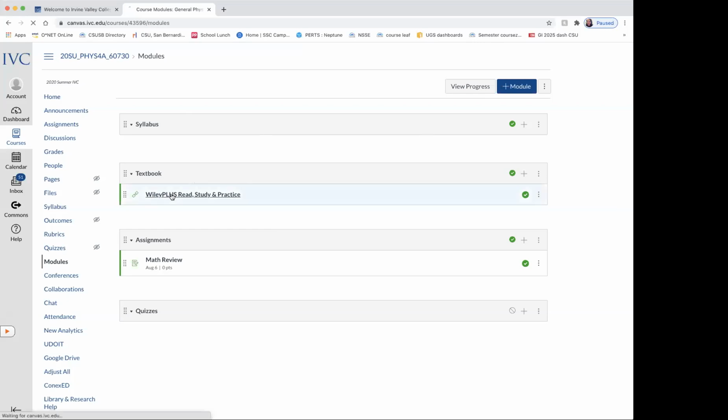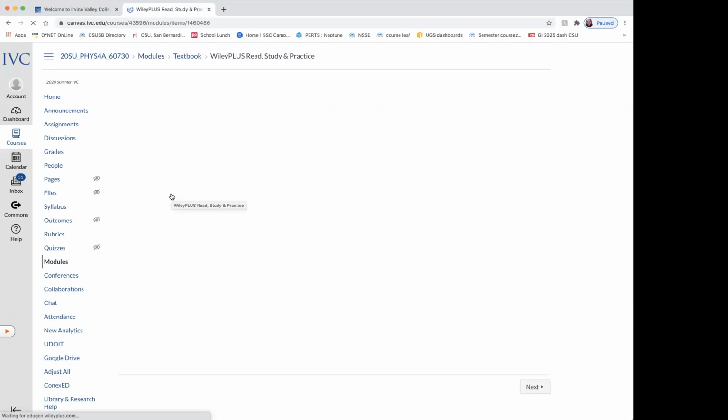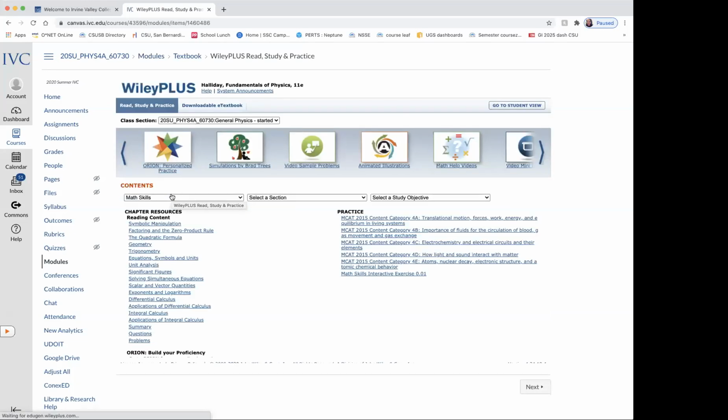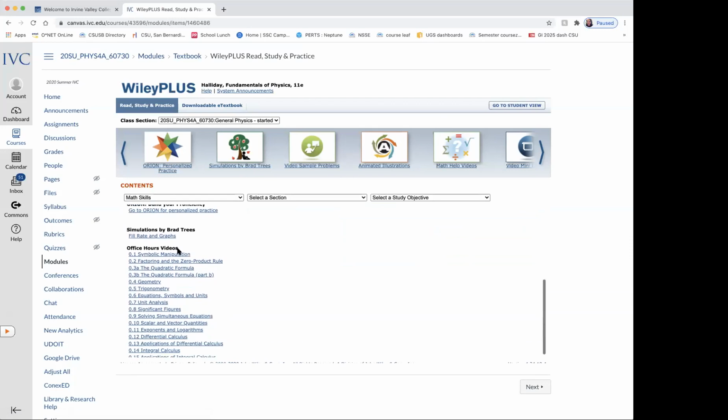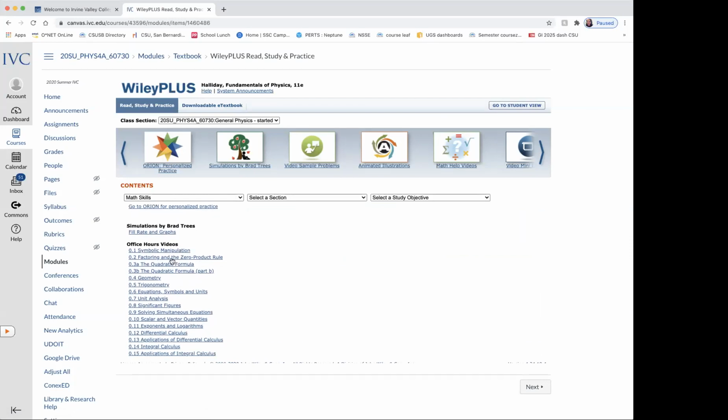Under textbook, you can click on Wiley Plus, and assuming you have a Wiley Plus account, you have the entire ebook. Now, about our book, the physical copy of the book is actually pretty terrible. It's not very helpful. It's not very useful. You don't need it. Our entire book is online. In addition to being online, we have a whole bunch of simulations and office hour videos.